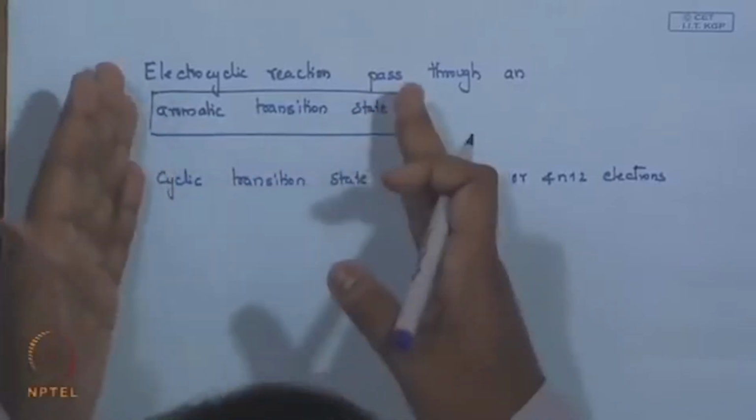So, what is your first statement? Electrocyclic reaction passes through an aromatic transition state. Then you say that in this aromatic transition state, normally the electrons involved are either a 4n or 4n+2 system.